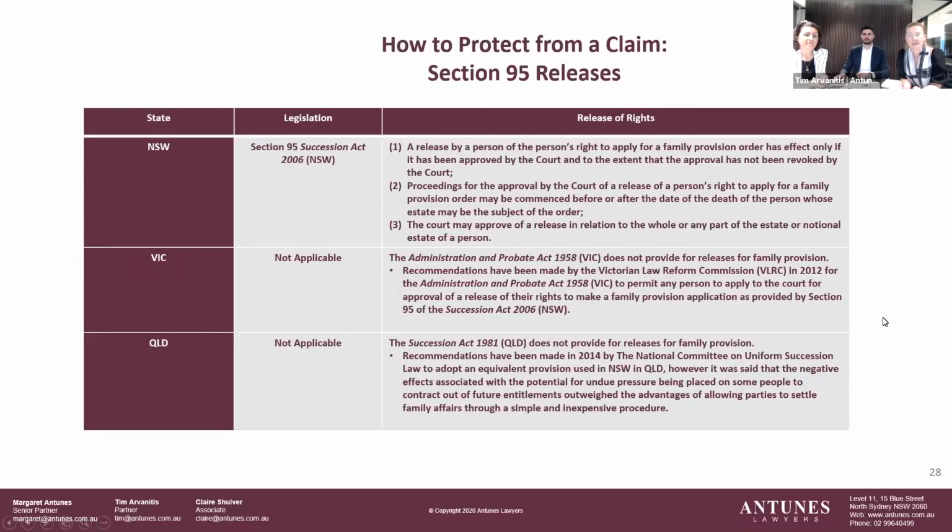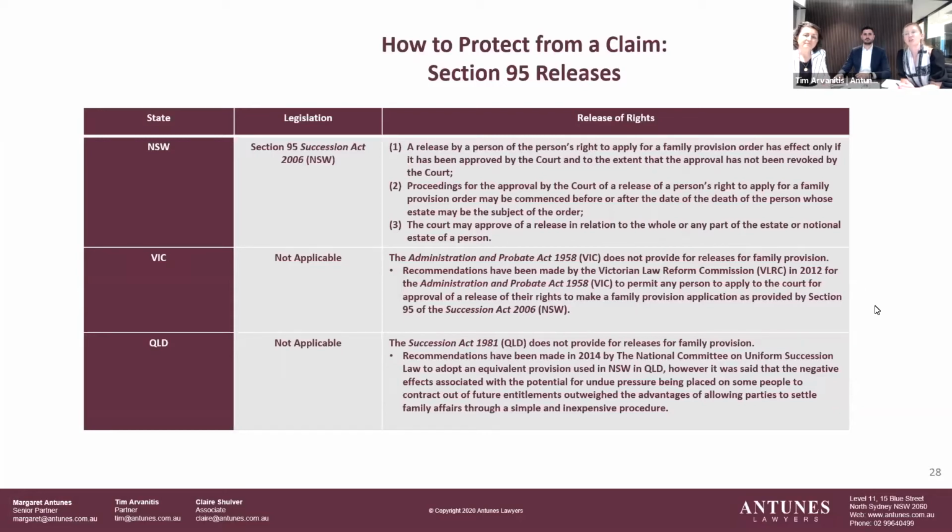But at the moment, in those states, Victoria and Queensland, you cannot actually go to court and get an order saying that you are releasing your right to make a claim on your estate. So in New South Wales, you can get full protection by getting a Section 95 order, a release from the court, but not in the other states.